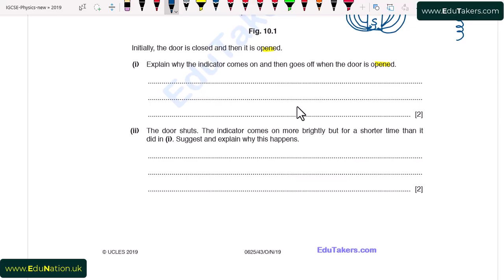Movement of the magnet relative to the coil induces EMF.